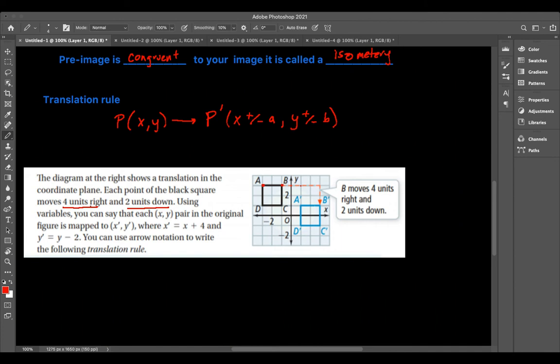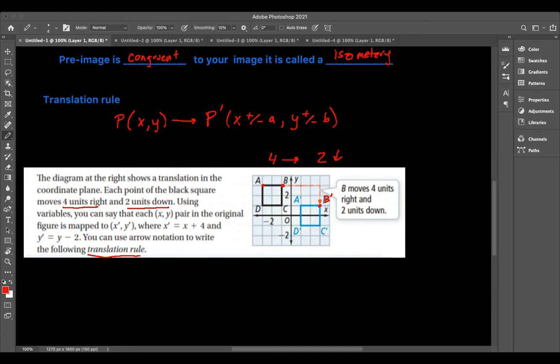Okay, so let me write the actual rule for you as we explain. So we said 4 units to the right and then 2 units down. As you can see, here is B right here. Here's the coordinate point B. We're just going to go 4 units to the right and 2 units down, and now B sub prime is right here.